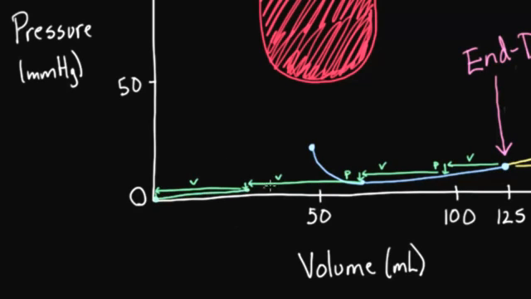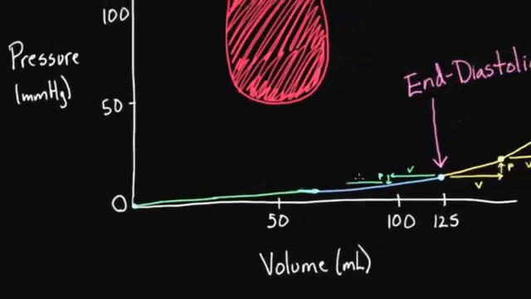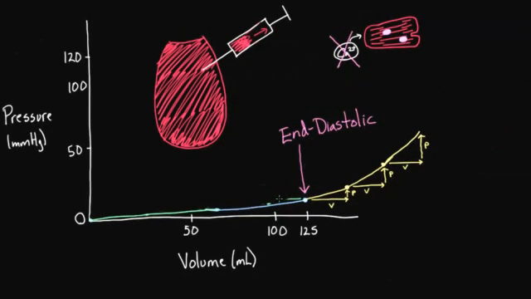You could say, okay, well, this is kind of what the curve might look like, right? Something like that. And of course, I would have to erase this little chunk because that was not related to passive filling, right? That was, remember, where the left ventricle was still relaxing. And I could also just erase all this stuff to make our line more clear and easy to see. And so now what you see emerging is a fantastic relationship, right? A pressure-volume relationship.